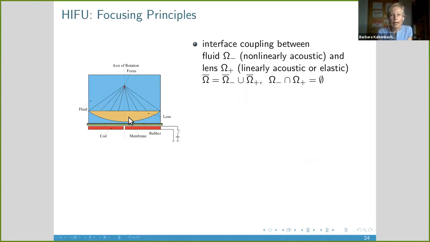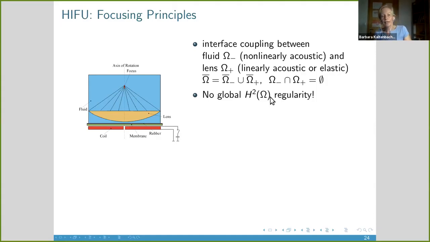What we have is some fluid which behaves non-linearly acoustic, and a lens which is linearly acoustic or actually even elastic. And so the whole domain, which is the union of the light blue and the light brown one, is composed of 2 sets with different equations on them, or at least different material parameters on them.